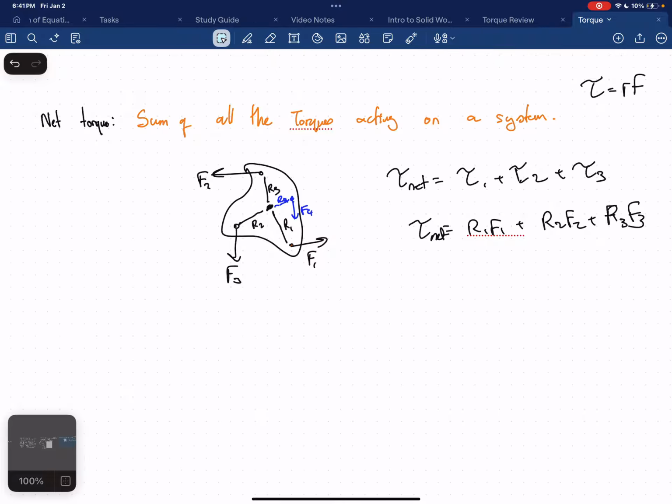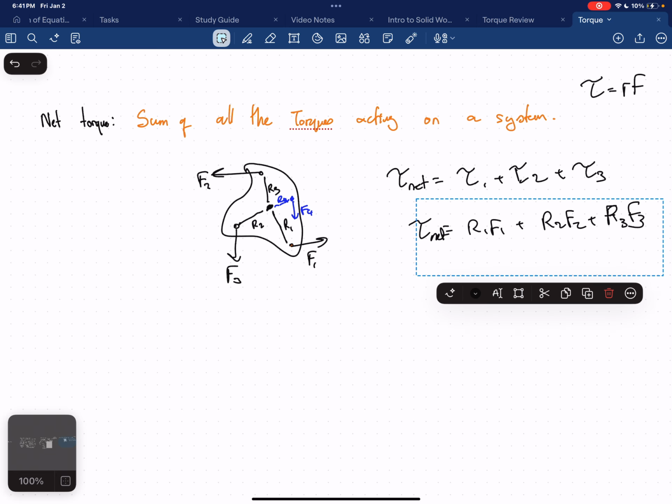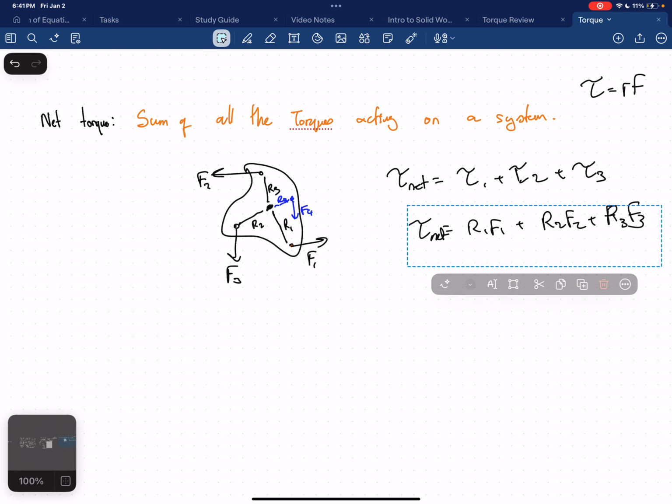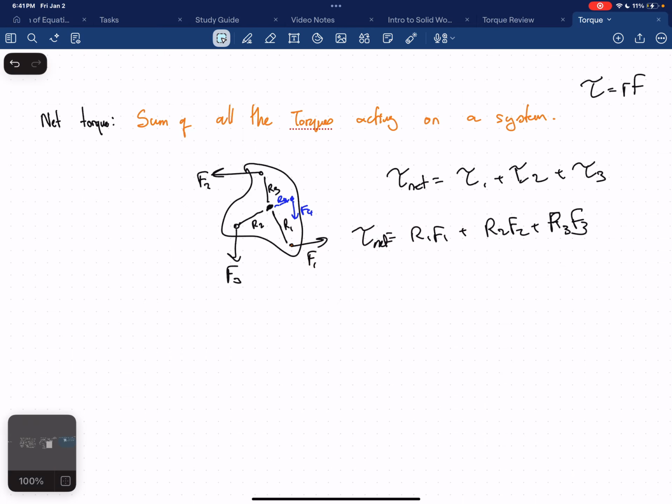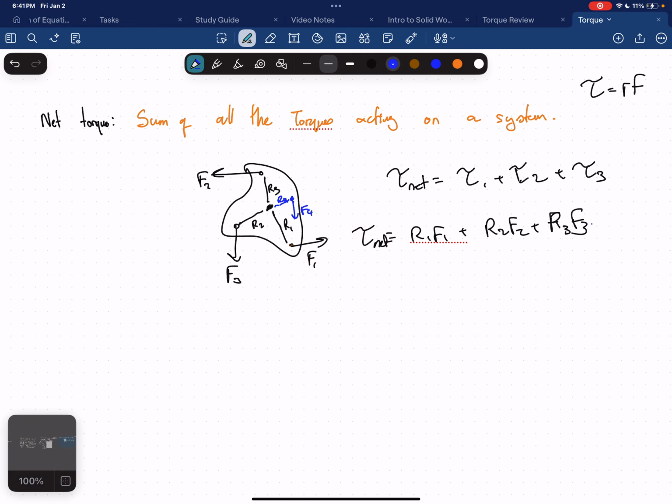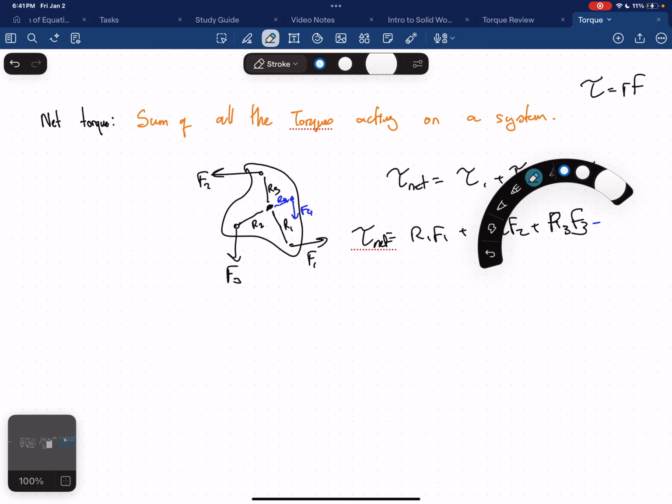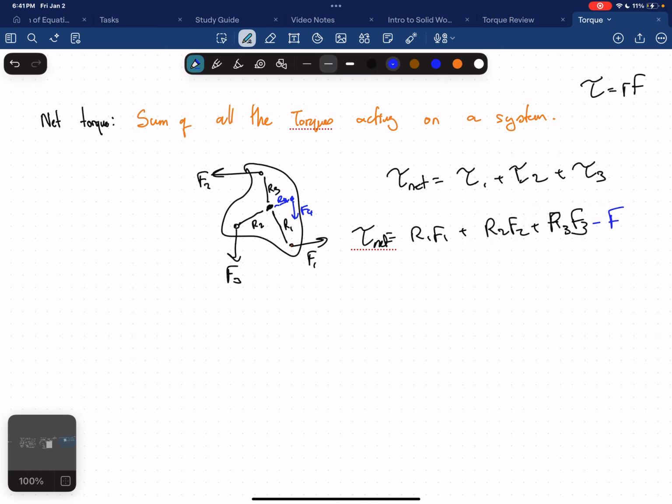So hang on, we have a negative sign, and it's going to be minus, because you see this is pointing downwards, so it's going to rotate the system clockwise. Minus R4 F4.